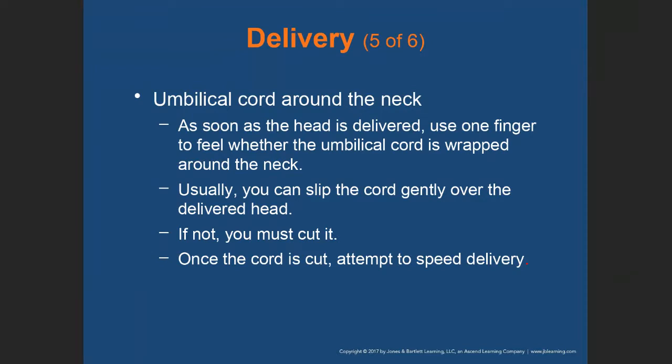So we need to clamp it and cut it immediately and unwrap it from around the neck. As soon as the head is delivered, use one finger to feel whether the umbilical cord is wrapped around the neck. Usually you can slip the cord gently over the delivered head. If not, you must cut it. Once the cord is cut, attempt to speed delivery.